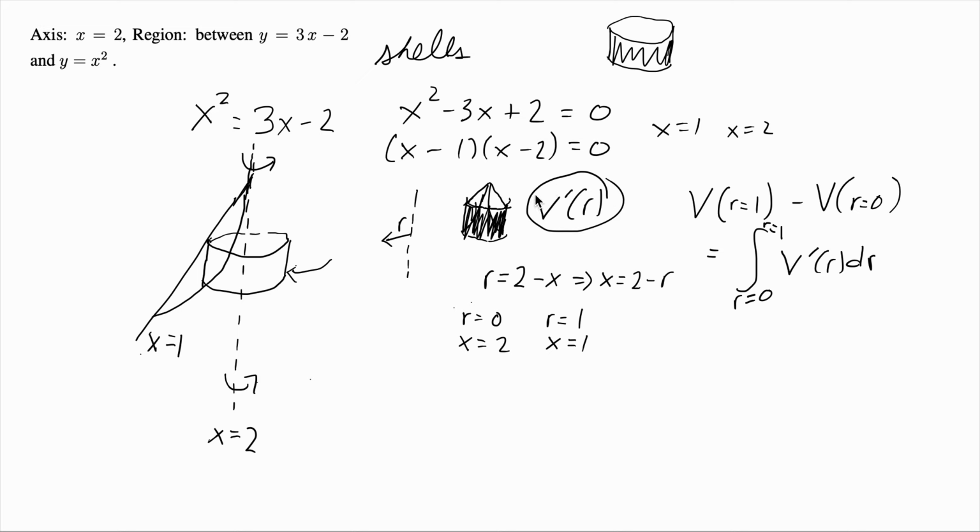Now, as you go all the way outward to a radius of 1, thinking about volume as a function of radius, V of 1 is equal to the volume that we're after.